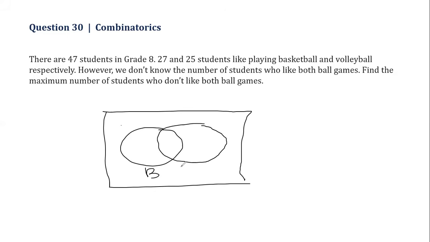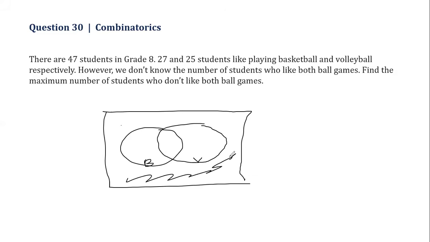This circle represents the students who like basketball, and this one the students who like volleyball. The intersection here is for the students who like both. And here, the area outside, is going to be the students who don't like any ball games.